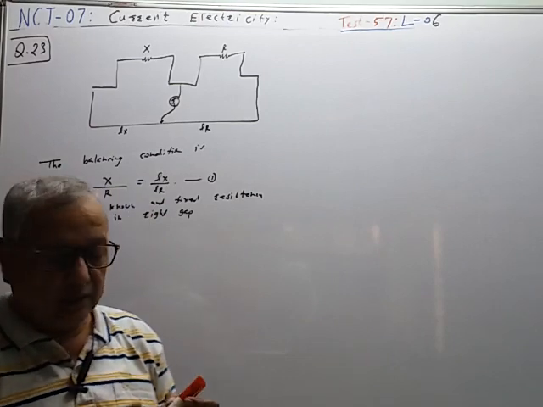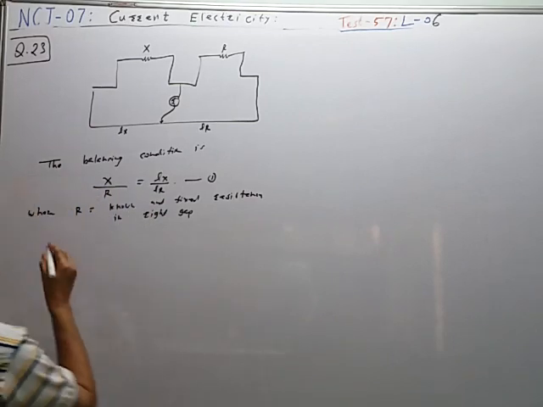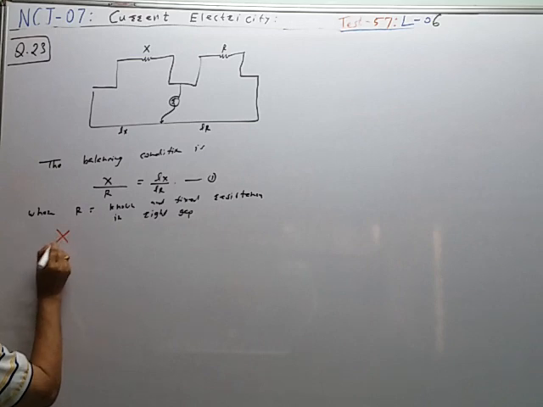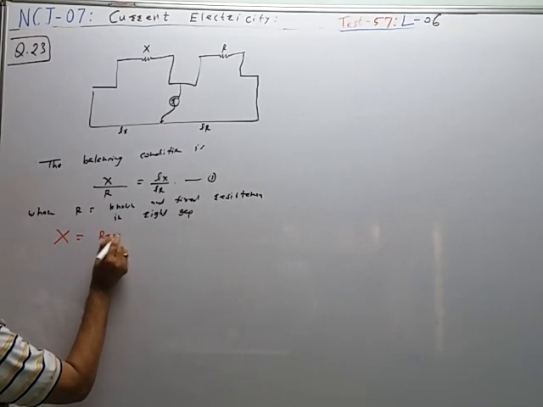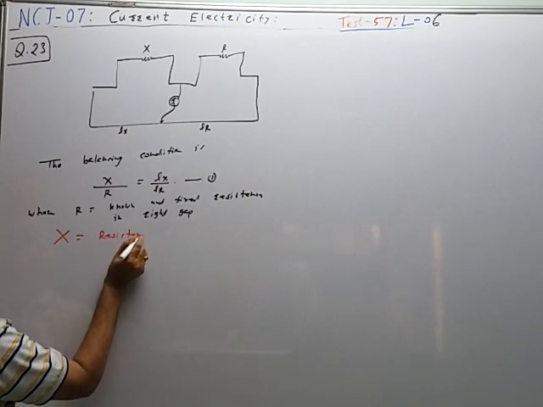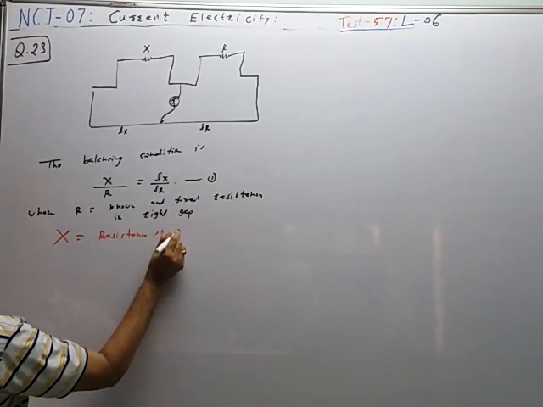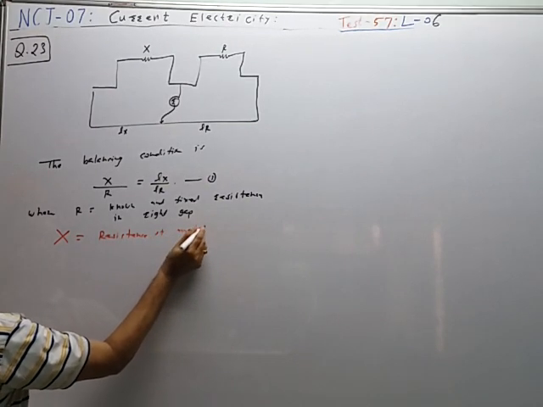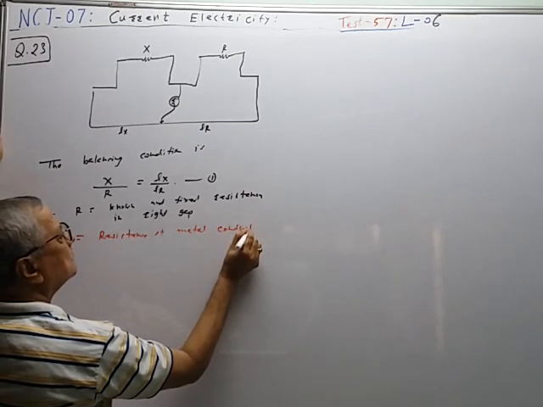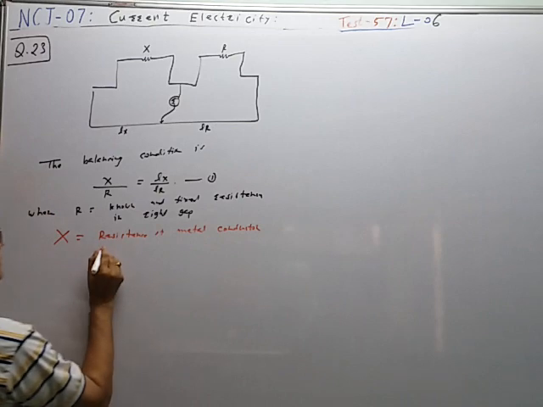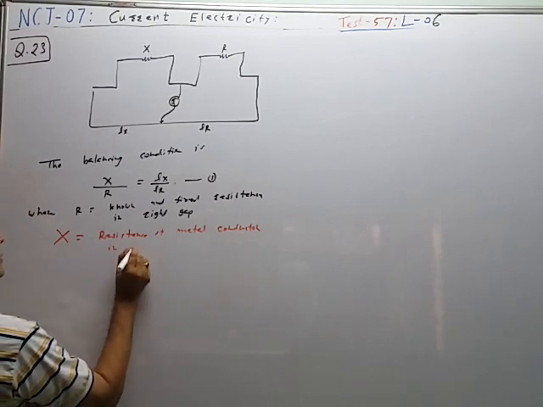X is a resistance of metal conductor in left gap.